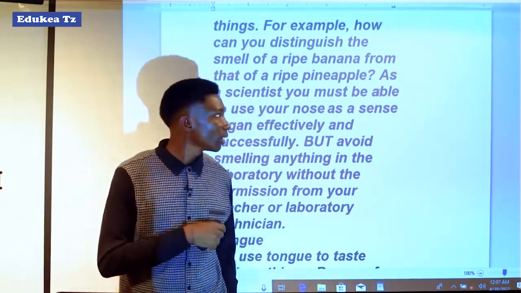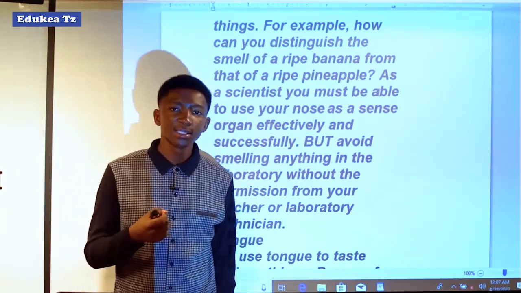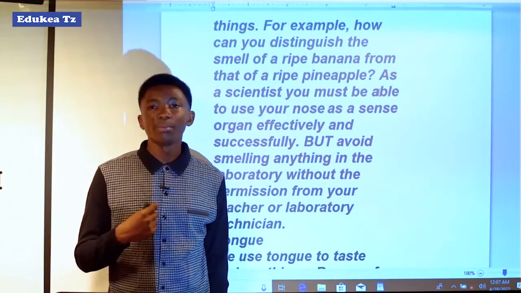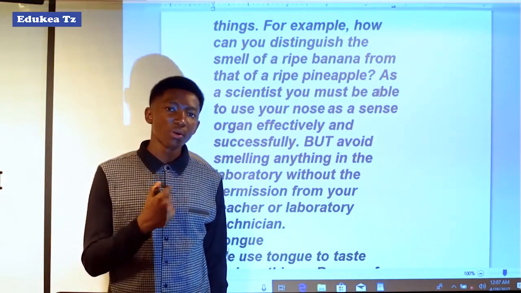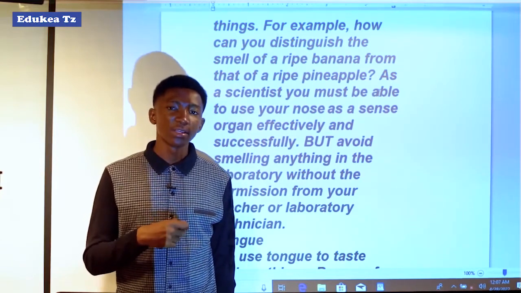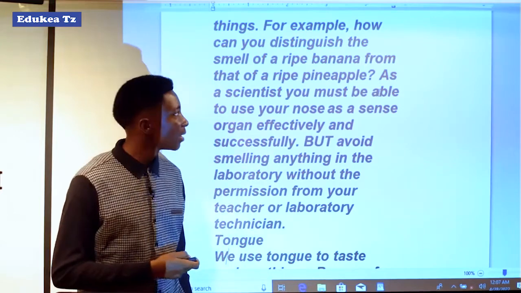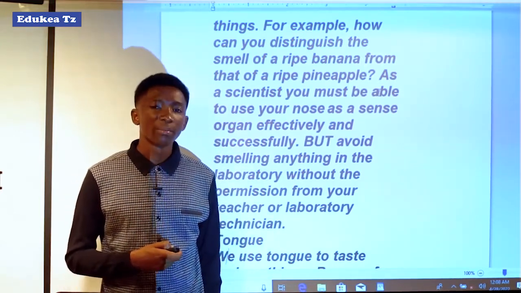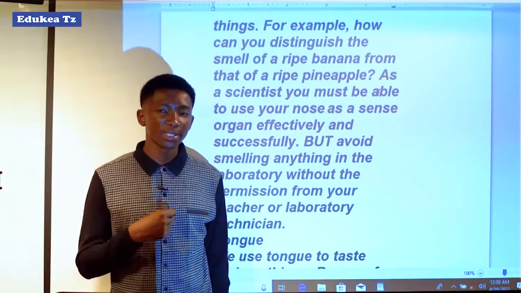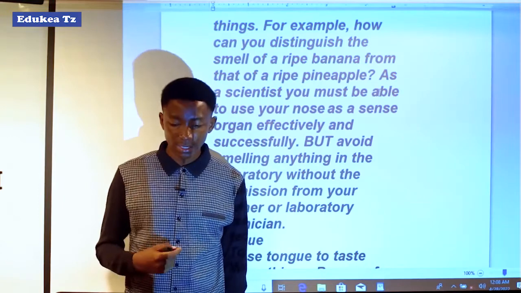So if you are a biologist or a scientist, you can do observation by smelling, using your nose to know the smell of the thing you investigate. But if you are in the laboratory, make sure you don't touch anything without being permitted by your laboratory technician or your teacher.